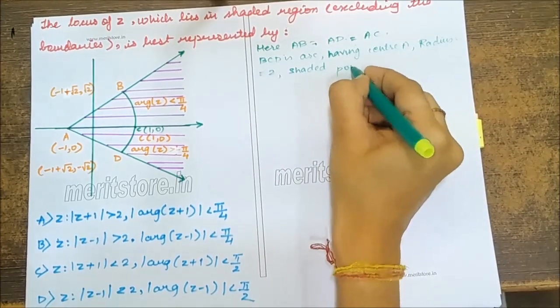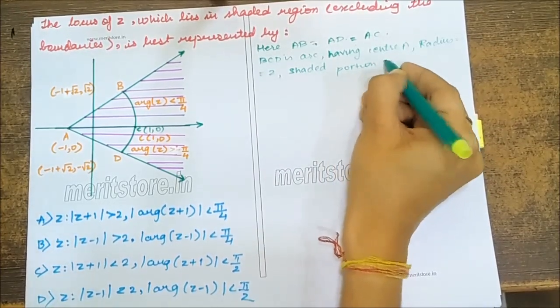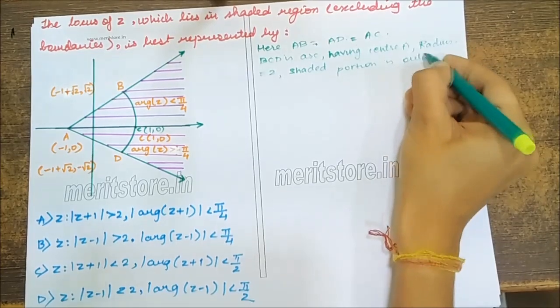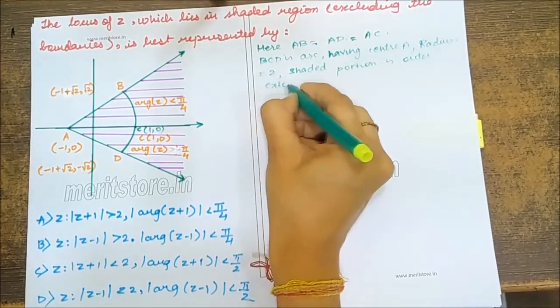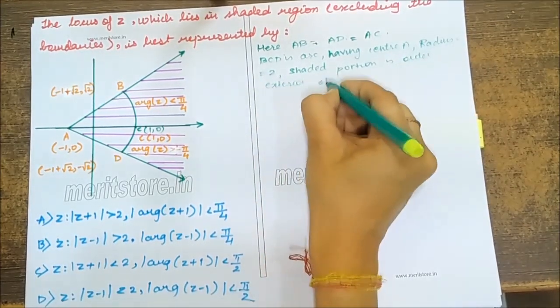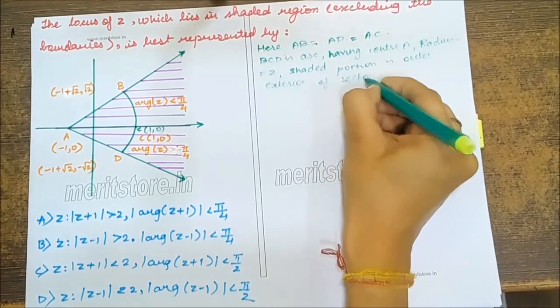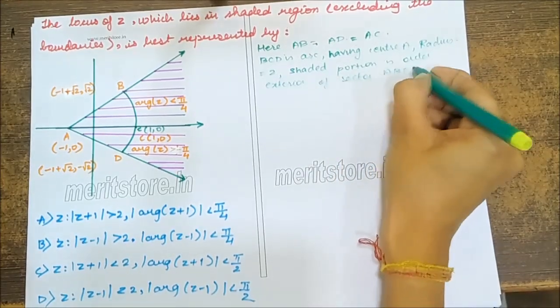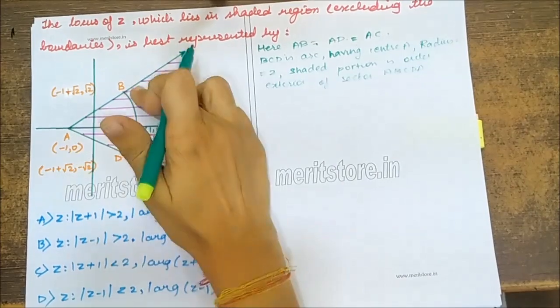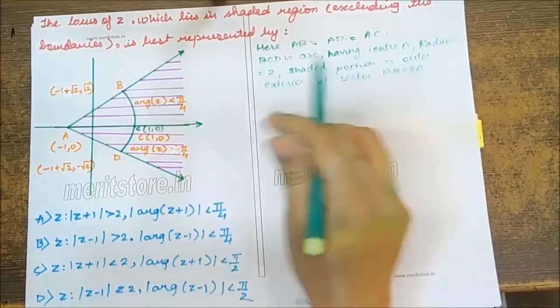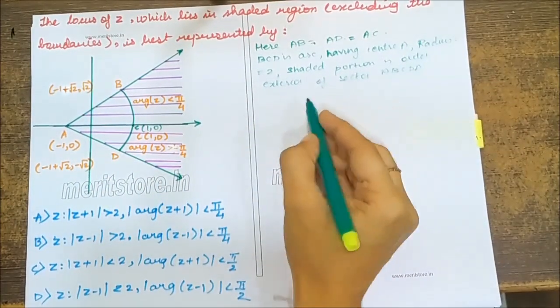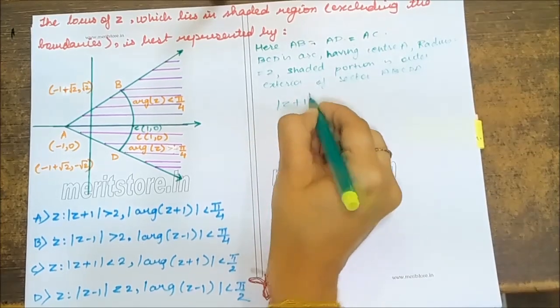So the shaded part, or shaded portion, is outer, exterior of sector A, B, C, D, A. So this part, exterior part, here modulus of z plus 1 will be greater than 2.